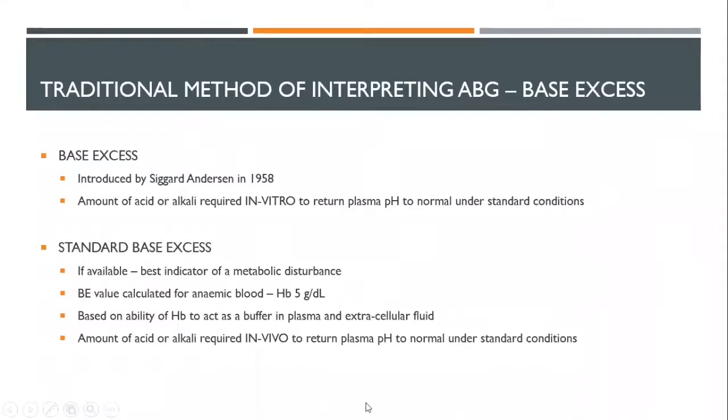And the concept of standard base excess was then introduced. If you have a standard base excess available on your blood gas, that's the best indicator of whether or not a metabolic disturbance is present. Base excess was standardized to the same parameters as standard bicarb, which is your carbon dioxide, your temperature, and your fully saturated hemoglobin.